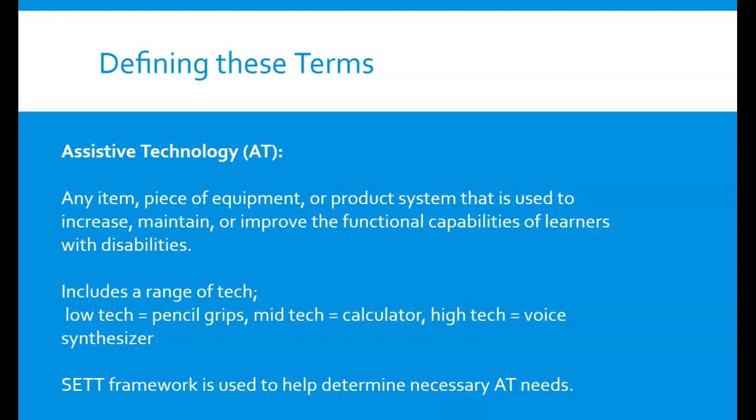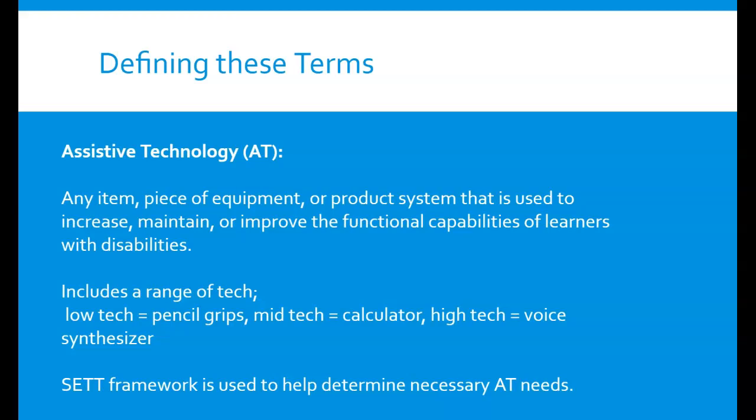But if these things are absolutely necessary for a student to participate in the curriculum, then we need to place them here. Typically in AT, we see more high-tech devices, things such as voice synthesizers or talk-to-text software. And so we don't always include these low-tech things such as pencil grips, calculators.